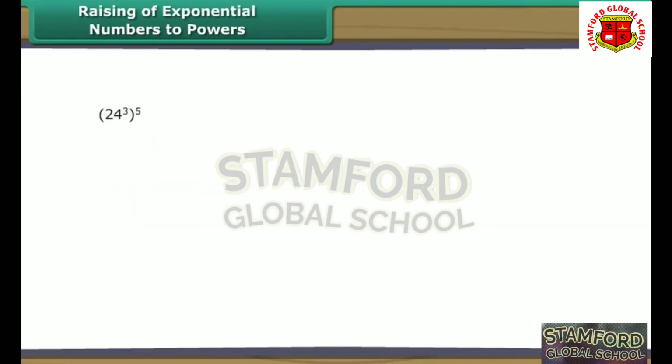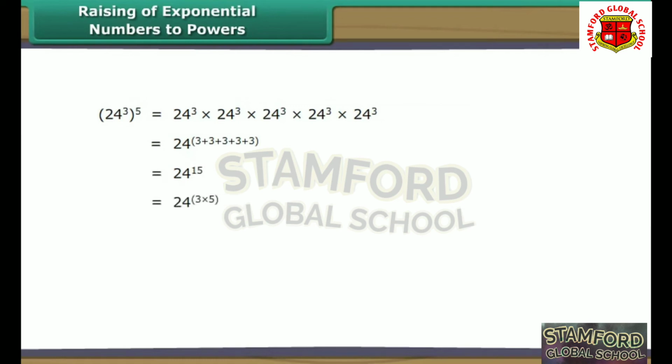Similarly, 24 raised to the power 3, raised to the power 5, is equal to 24 raised to the power 3 into 24 raised to the power 3 into 24 raised to the power 3 into 24 raised to the power 3 into 24 raised to the power 3, which equals 24 raised to the power 3 plus 3 plus 3 plus 3 plus 3, which is 24 raised to the power 15, which is equal to 24 raised to the power 3 into 5.